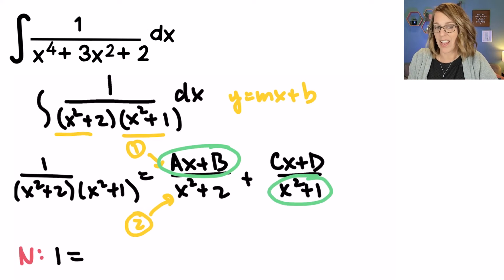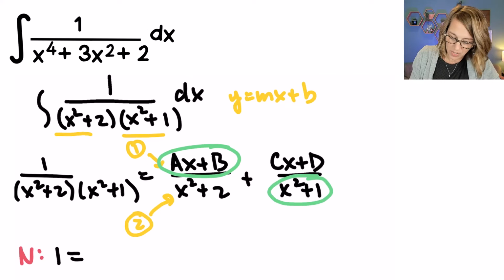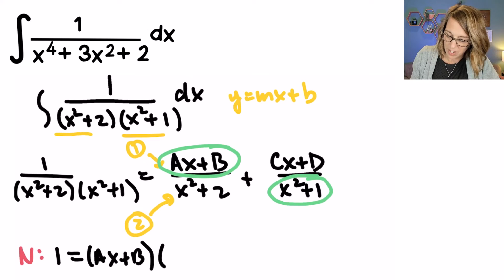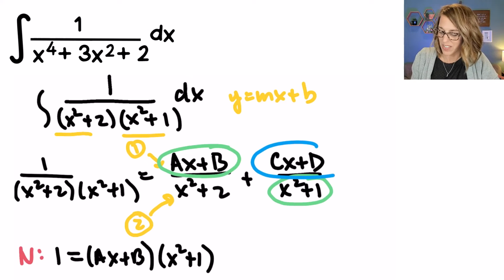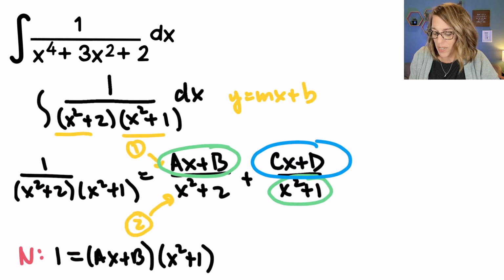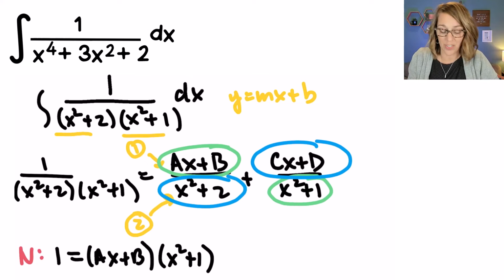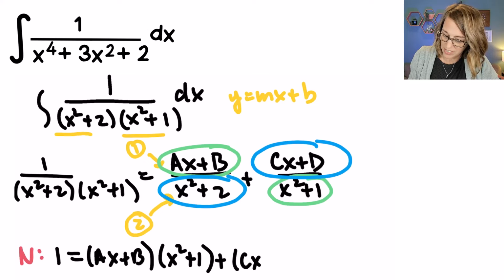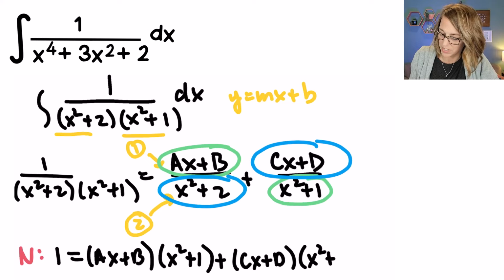It's missing that x squared plus 1. So we have (Ax plus B) times (x squared plus 1). Similarly, that Cx plus D is missing the other factor, x squared plus 2. So then I've got plus (Cx plus D) times (x squared plus 2).